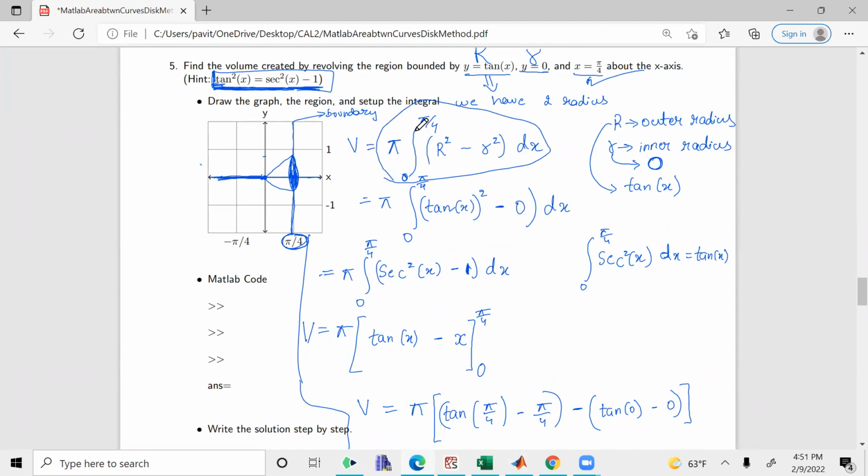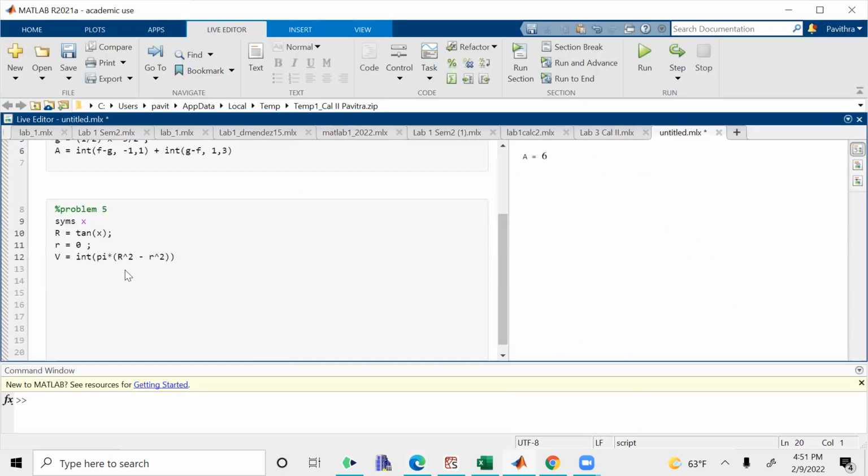So instead of this line, I have int, and inside I have capital R square minus small r square. That's what I have written here. Now, comma, because I need to write the limits as well, which is from 0 to pi by 4. Okay. And then control enter.